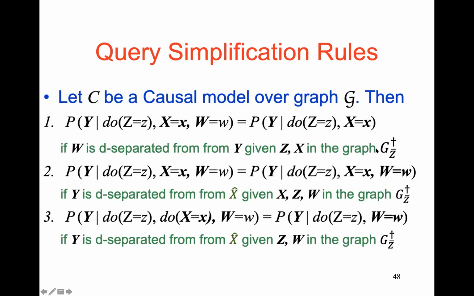This is a particular graph we construct where the query is on Z, a mutilated network corresponding to that. And if W is d-separated, this gets into the idea of d-separation from Bayesian networks. Similarly, if Y is d-separated from X hat. So there are all these nice query simplification rules.